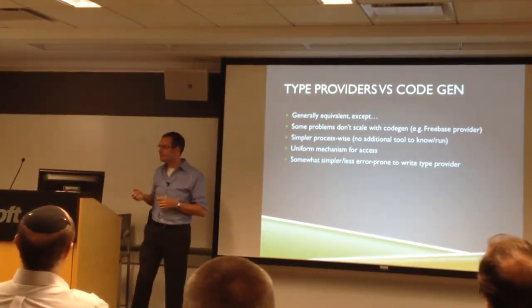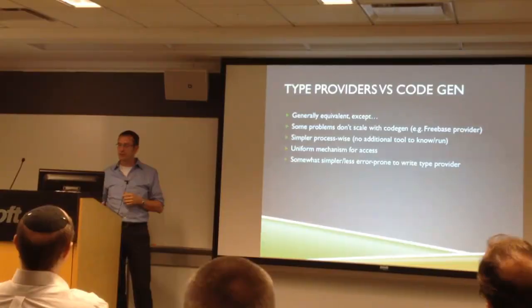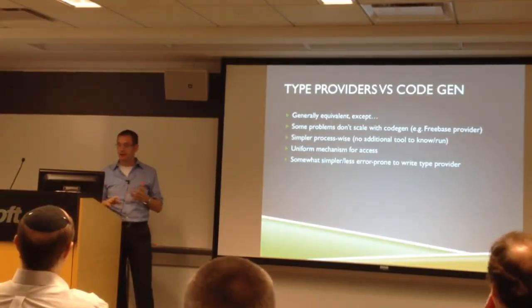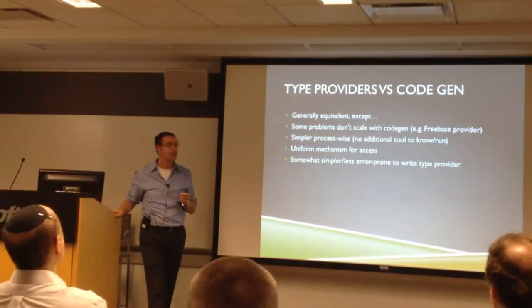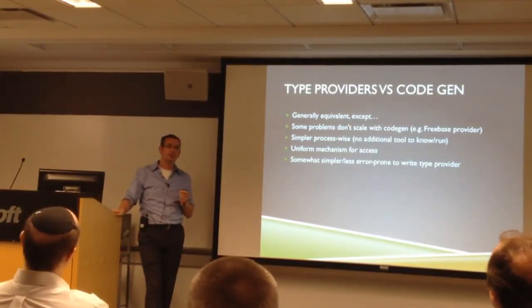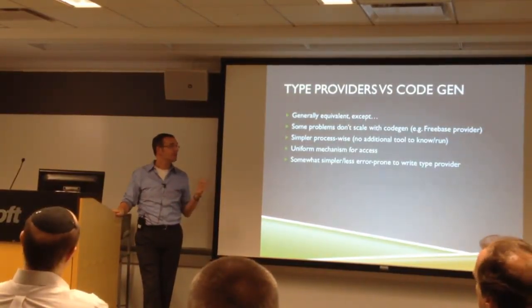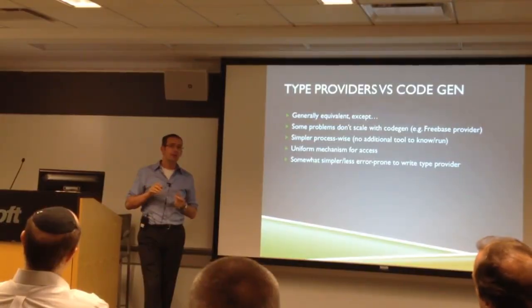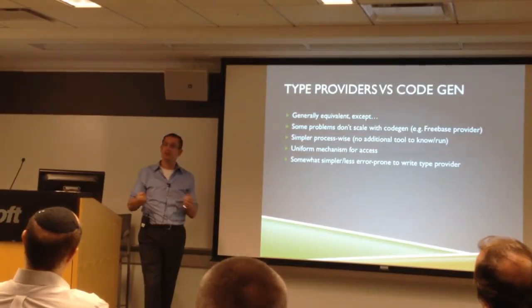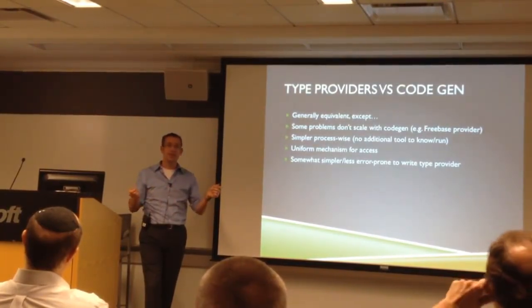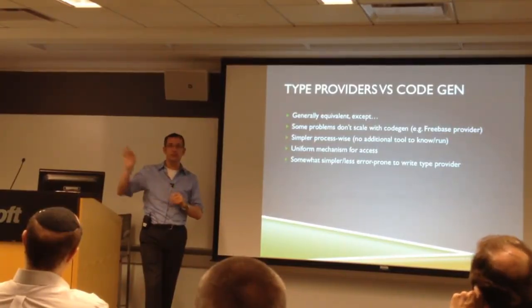Having done both for R, I think it's somewhat simpler and less error-prone to write a type provider than it is to write code generation, which might be surprising, you might think it's quite complicated. The reason is that there are good mechanisms in the infrastructure for writing type providers to generate the code. You use F# quotations, so you just write regular code in your type provider and quote it, and then that gets injected into the calling assembly.